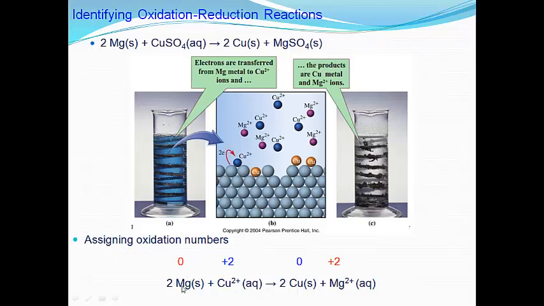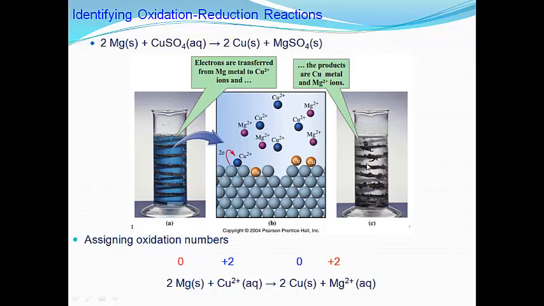We have magnesium in its elemental form. The oxidation number is 0. We have copper 2 plus, or copper sulfate solution. The copper has a plus 2 oxidation state. And then we have the formation of our copper metal, which essentially coats the magnesium metal, and so that copper is reduced from copper 2 plus to copper 0, and the magnesium becomes oxidized to magnesium 2 plus, and the magnesium 2 plus ions are now in the solution.